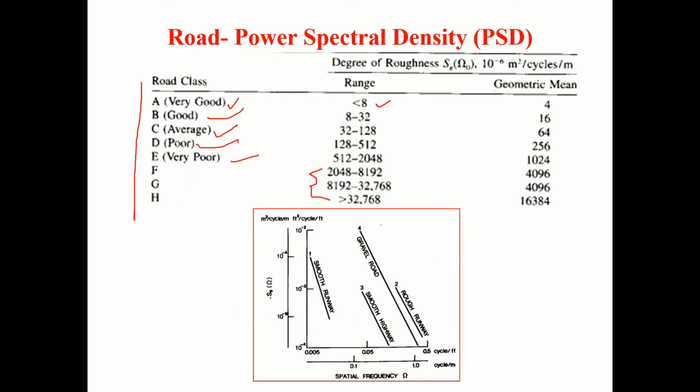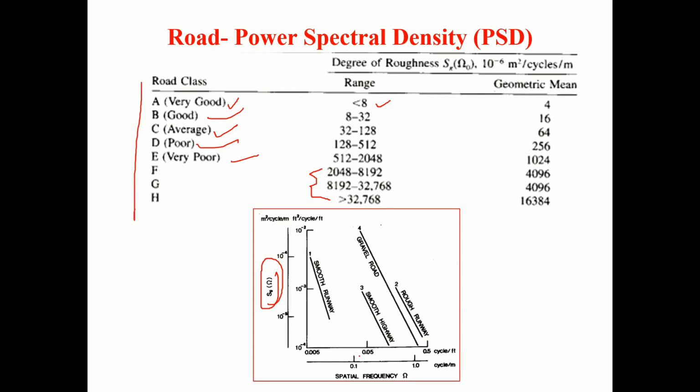So here it is given, power spectral density values versus spatial frequencies. Smooth runway, smooth highway, gravel road, a rough runway, like this.